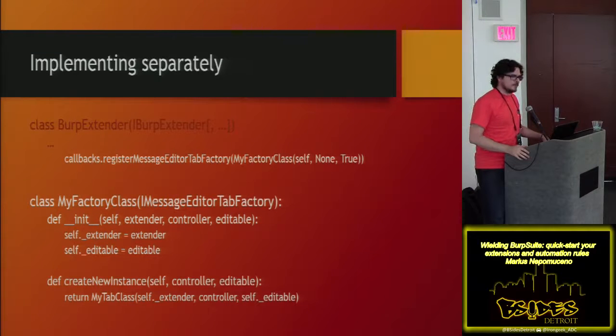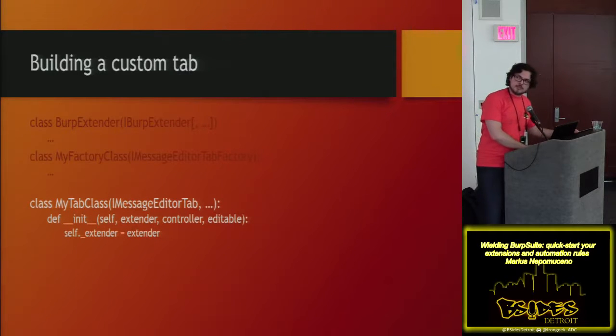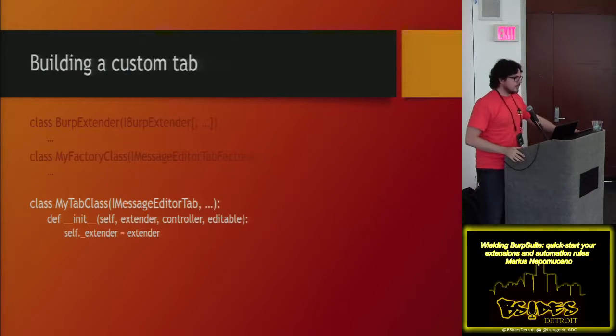So far, so good. And my tab class will look something like this. I have class MyTabClass. That name, by the way, can be whatever you want. It does implement the iMessageEditorTab interface, and then it can implement any of the other BurpSuite interfaces that you have imported.